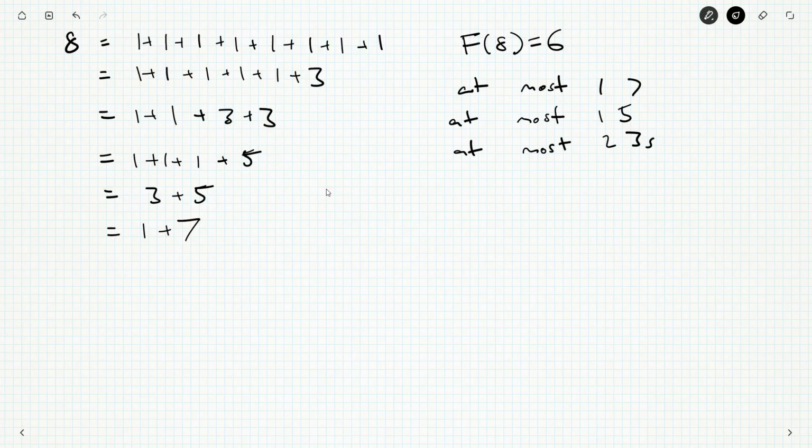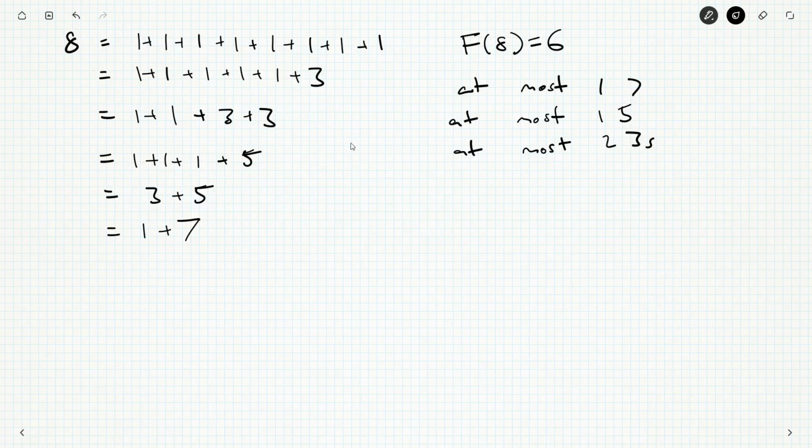But I imagine you get the marks for, it's probably worth 2 marks, getting f of 8 equals 6, maybe with some justification, and then actually writing out the list would be another mark, probably. Or maybe it's 3 marks, so 1 for the final answer, and a mark for each set of 3 of these. I don't know. I wasn't there when they marked this one, so I don't quite know what the breakdown was for this. But we've got 8, and it's really written in all the ways that I think we can.